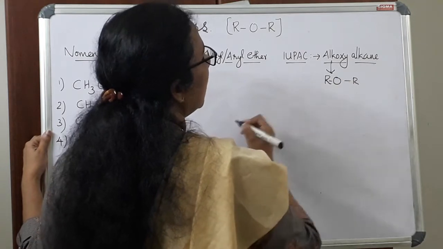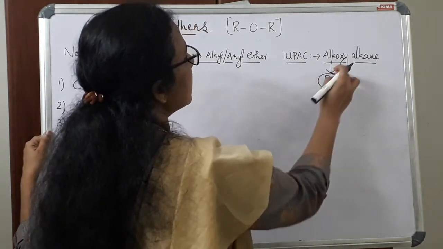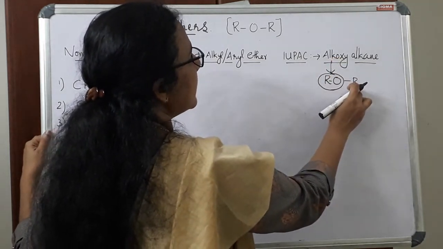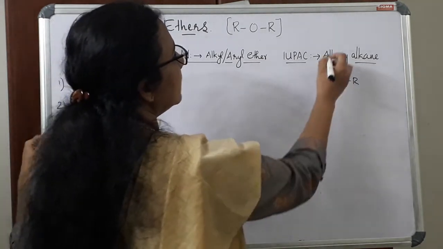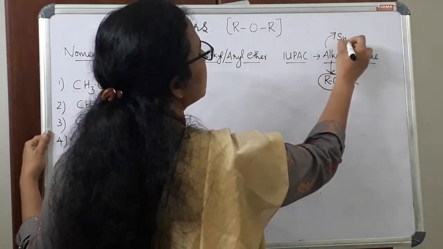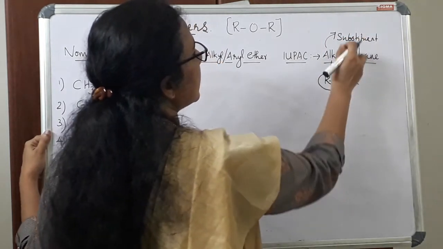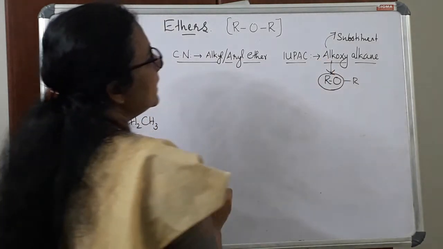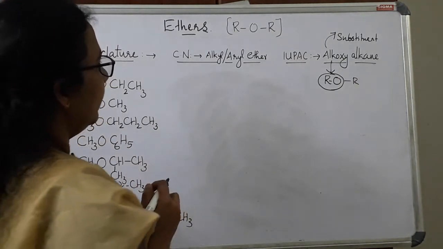The RO part is considered as an alkoxy part and the other part is considered as an alkane part. And this alkoxy part is considered as a substituent. So the format for IUPAC naming of ethers is alkoxy alkane.